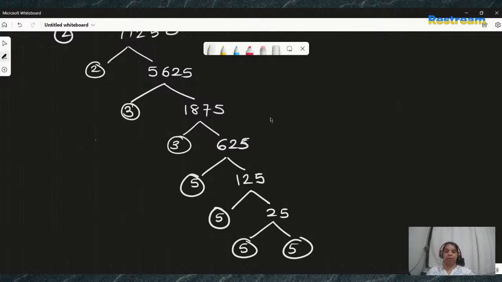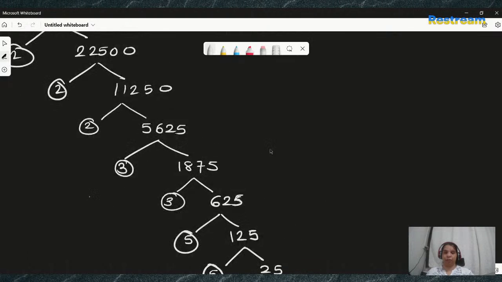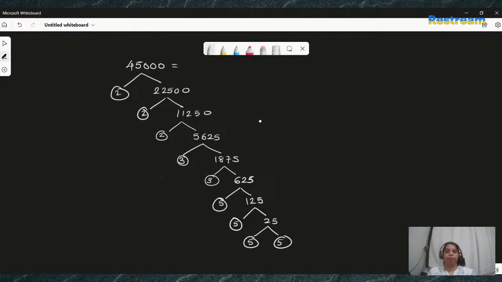So now I'm going to make it smaller, because it's a pretty big chain of numbers. Okay, so my 45,000 can be written as 2 into 2 into 2 into 3 into 3 into 5 into 5 into 5 into 5.